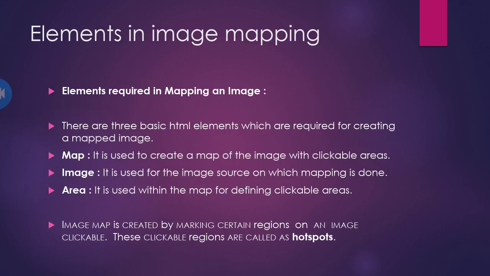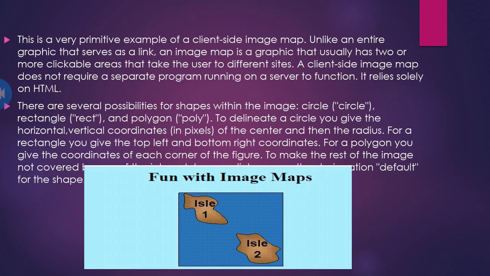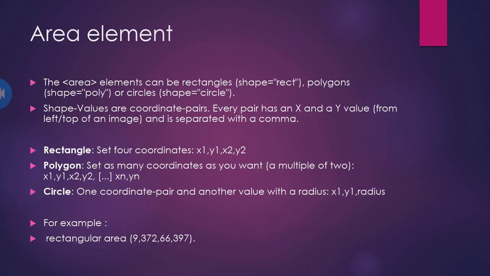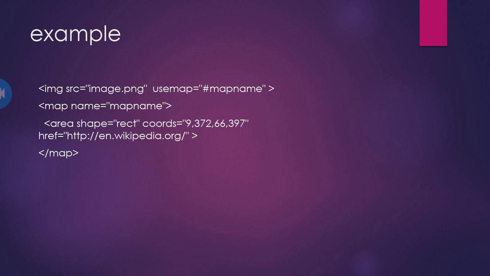Look at this example. When you click on aisle 1, it will display that information, which must be attached by using href. So in the href, you have to give the name of the page, whatever you want to display.